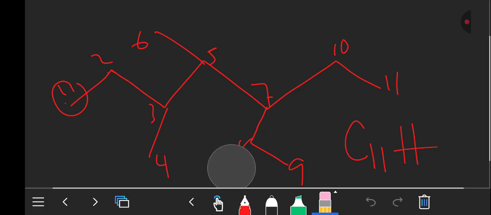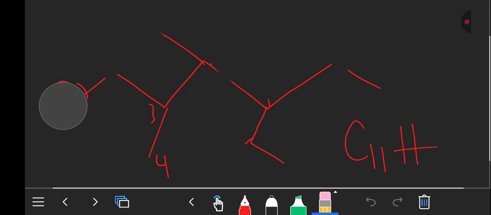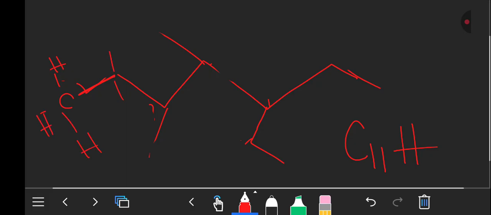Let me indicate them. Okay, let me just indicate the hydrogen so that we get to count them nicely. So here there's carbon, 3 hydrogens there. Here there are 2 hydrogens. Here there's carbon, so with 3 hydrogens.